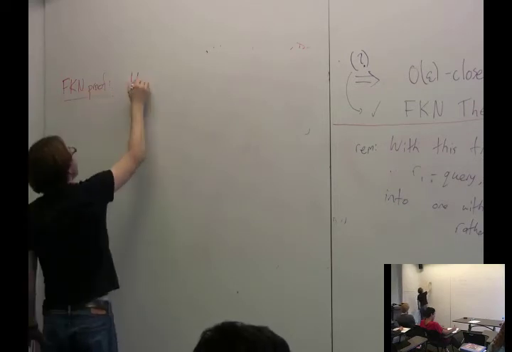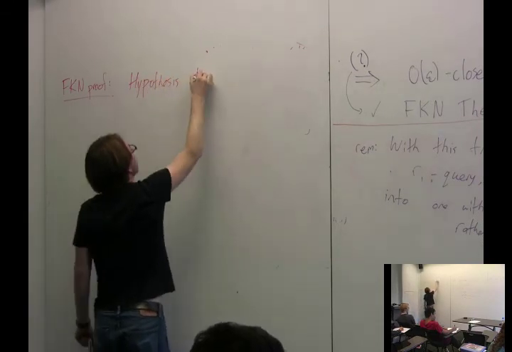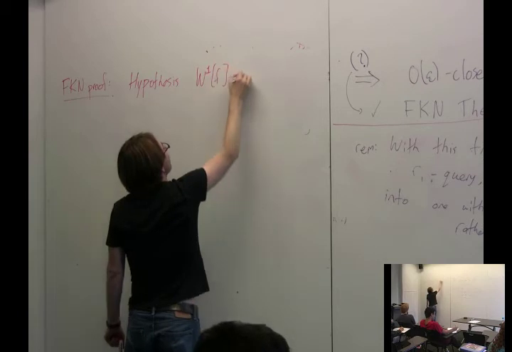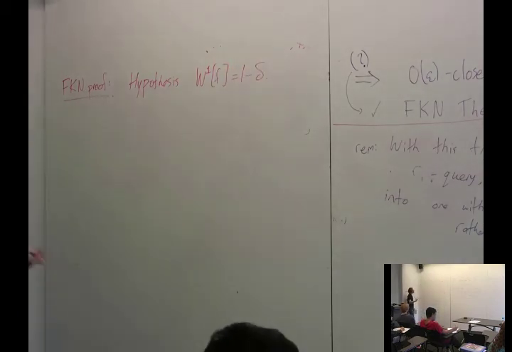So the hypothesis is that the weight at degree 1 of f is, let's say, 1 minus delta, where delta is small. And we're trying to show that f is close to plus or minus a dictator.